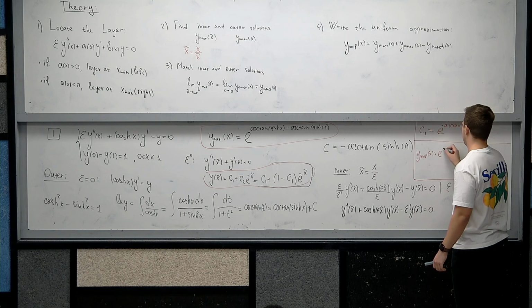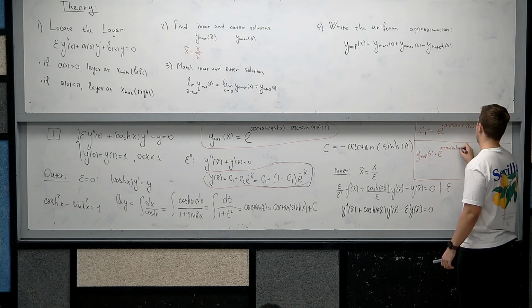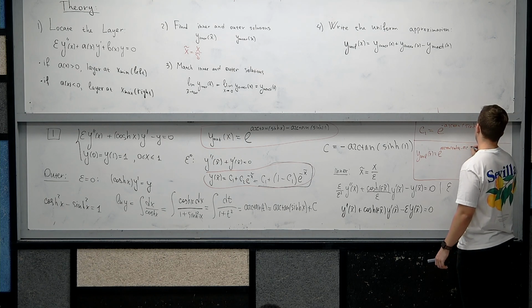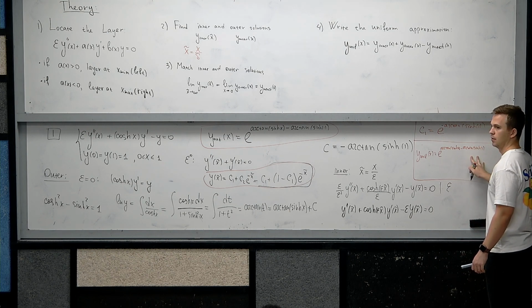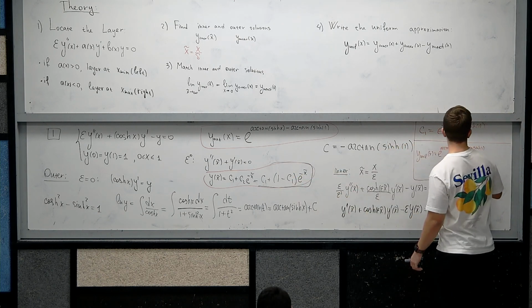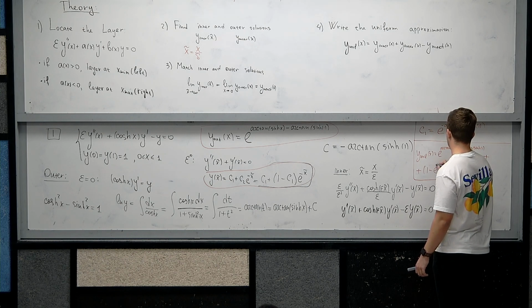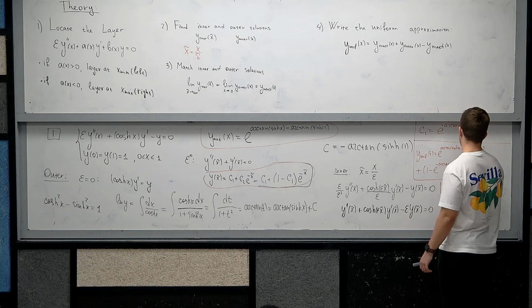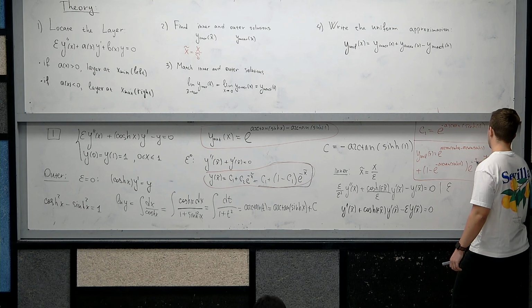So e to the arc tan of hyperbolic sine of x minus arc tan of hyperbolic sine of 1, this is the outer approximation, plus this term: plus 1 minus e to the minus arc tan of hyperbolic sine of 1 times e to the minus x over epsilon.